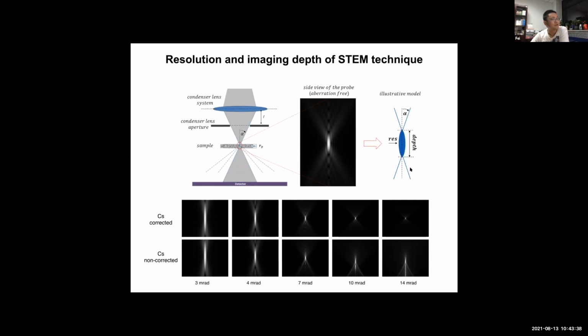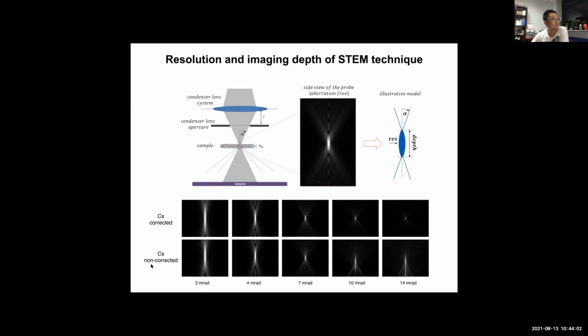So theoretically, for a Cs corrected microscope, the probe can be smaller than 1 angstrom. So in material science, scientists can use a Cs corrected microscope to achieve atomic resolution.